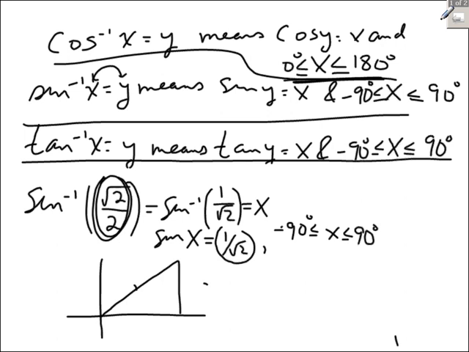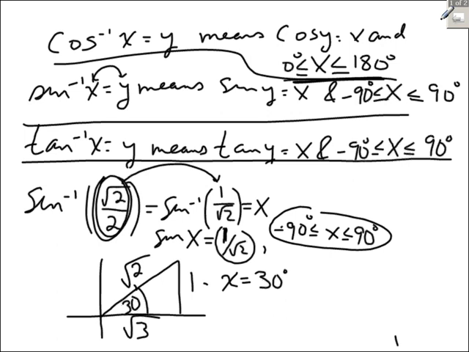But square root of 2 over 2 is 1 over square root of 2. Sine is opposite over hypotenuse. The opposite is 1, and the hypotenuse is square root of 2. And you say, oh, I recognize this triangle. You should recognize this angle as 30 degrees. That x is 30 degrees, and this is a valid answer because it's in between negative 90 and 90.